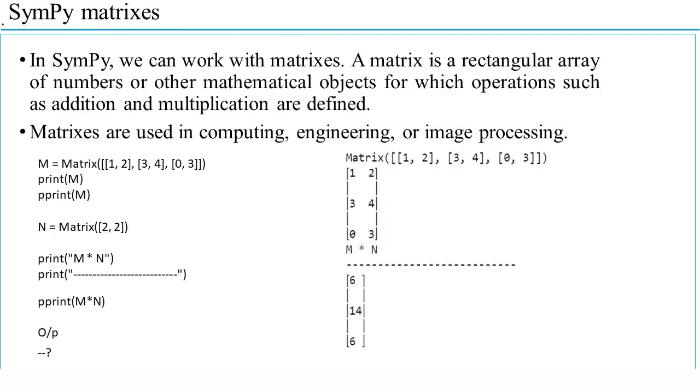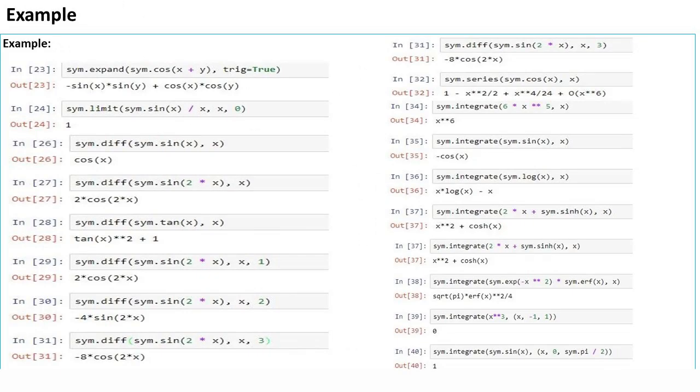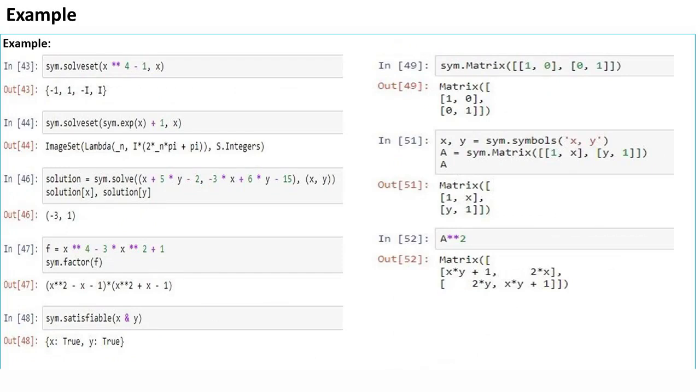SymPy, we can also work with matrices. A matrix is a rectangular array of numbers or other mathematical objects for which operations such as addition and multiplication are defined. So this has been computed. Different functionalities with different examples have been given to look over.